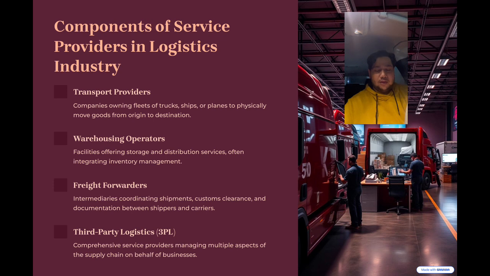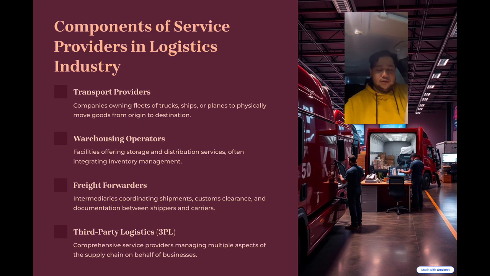So the slide of number 3 is components of service providers in the logistics industry. There are 4 components of service. The first is the transport provider, a company owning a fleet of trucks, ships or planes to physically move goods from origin to final destination. The number 2 is the warehousing operator, a facility offering storage and distribution services, often integrating inventory management.